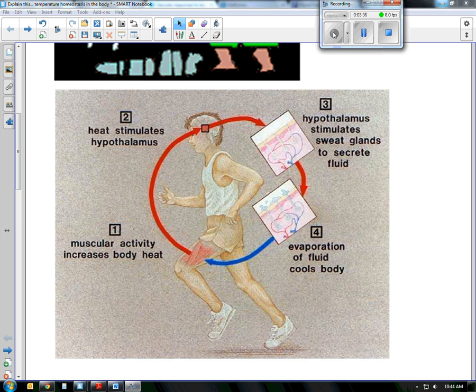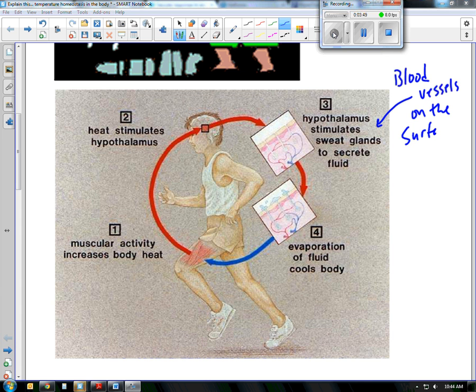One of the things that we should probably mention here is that the blood vessels on the surface of the skin will dilate, meaning open up.